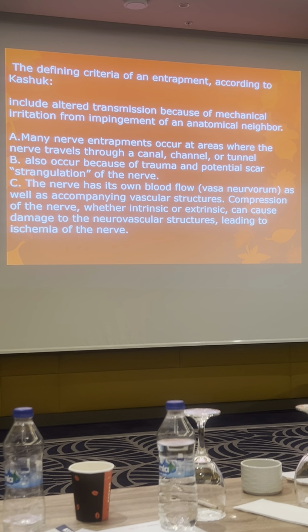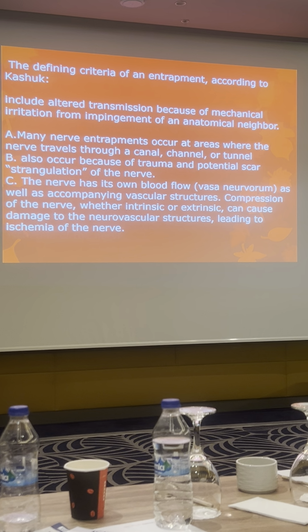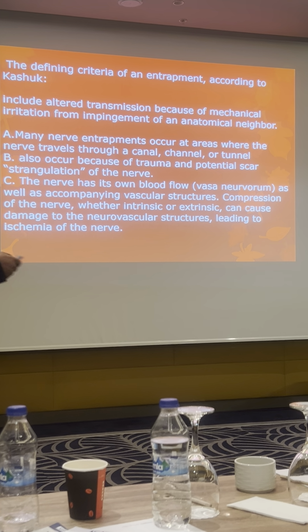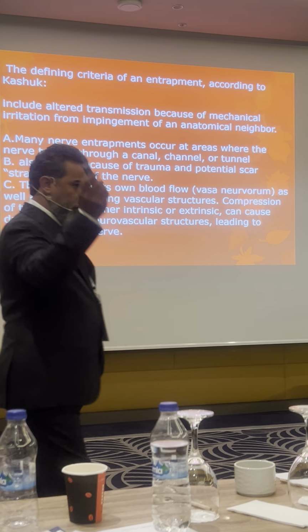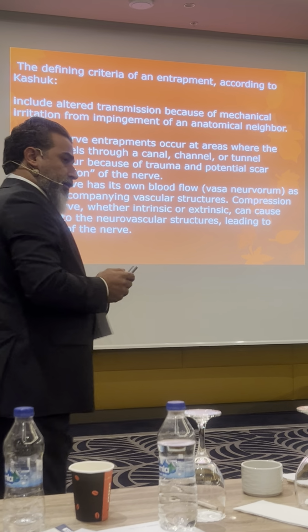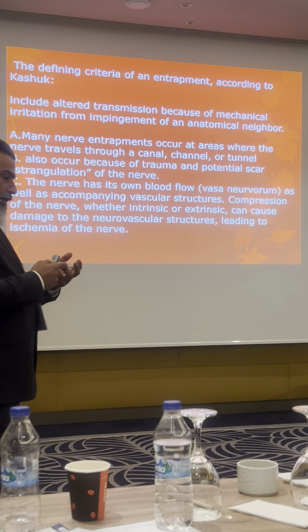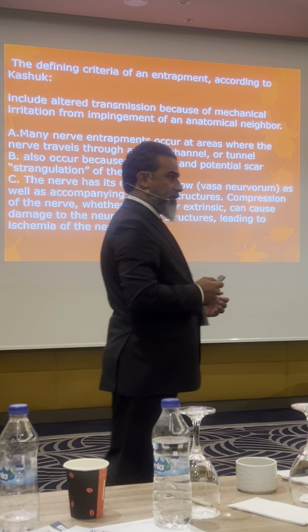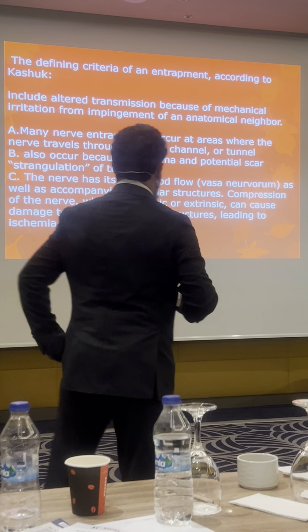Many nerves travel through the body by tunnel or channel, like the carpal tunnel and cubital tunnel, okay? A lot of structures surround them, like tendons, muscles, and sheaths. This is one cause of injury.